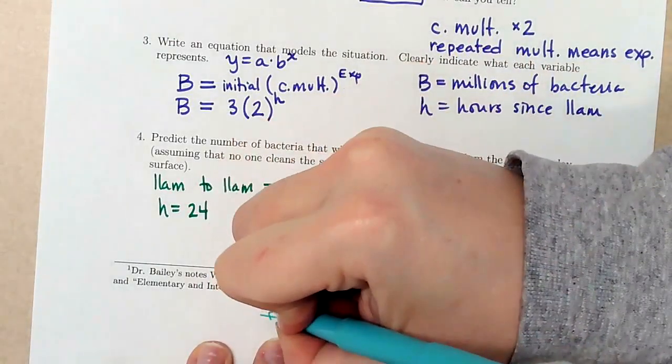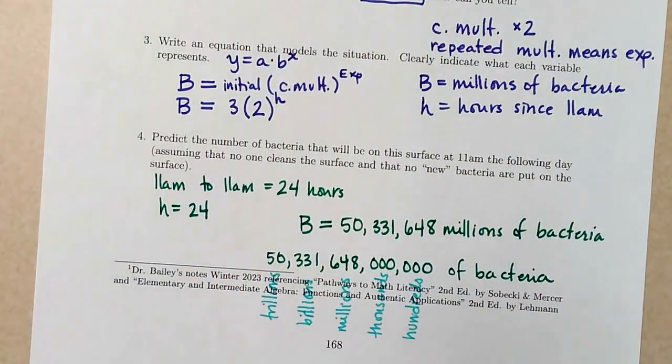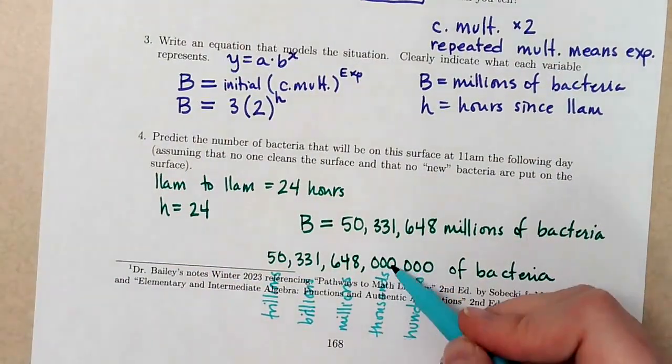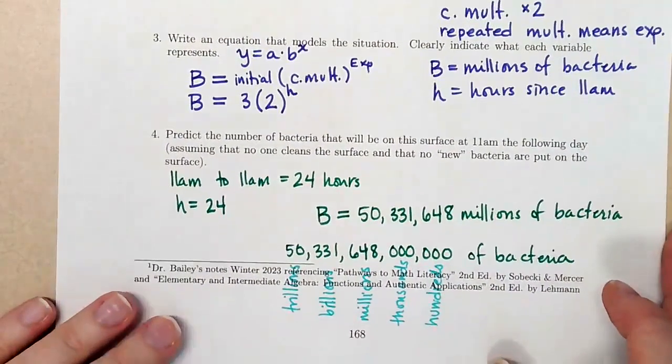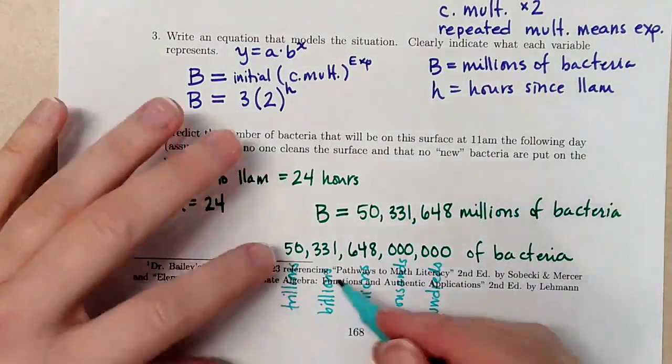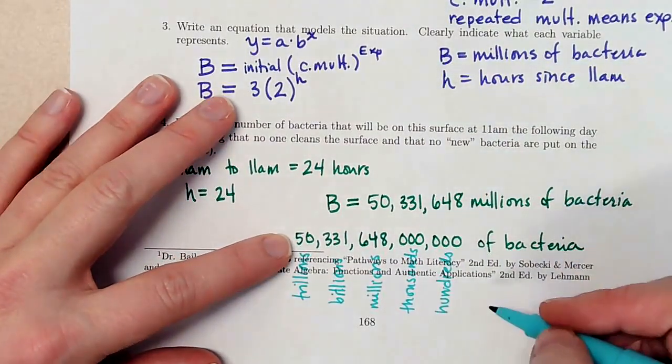And this is trillions. And 100 was 10 squared, 1,000 was 10 cubed. It's a really large number. It's 50 trillion bacteria.